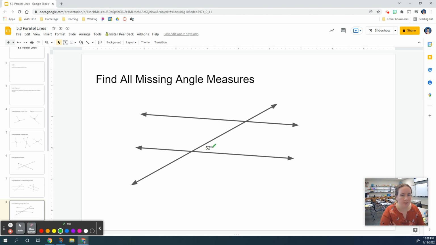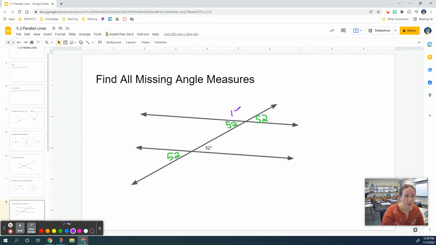Okay, so first I'm going to do all the 52s. So I know the one across from it is a 52. I know that if I slide it up, this one is also a 52, and the one across from it would be a 52. To find the other angles, I'm going to do 180 minus 52, and I get 128.